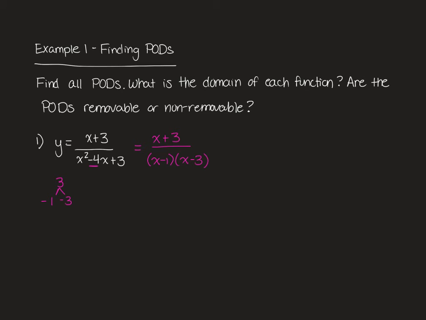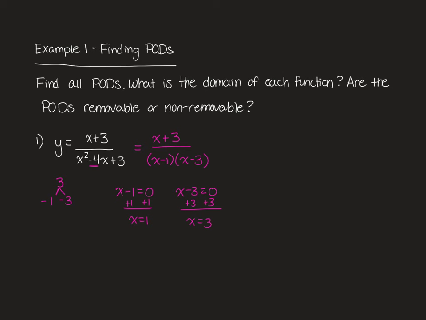To find your points of discontinuity, this is what we talked about in class, it's your restricted values. So you set your denominator equal to 0. You factor it, then you set your factors equal to 0, and solve for x. We'll add 1 to both sides here. You will get x equals 1. Add 3 to both sides over here. You will get x equals 3.